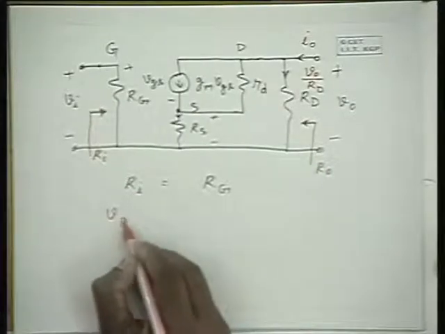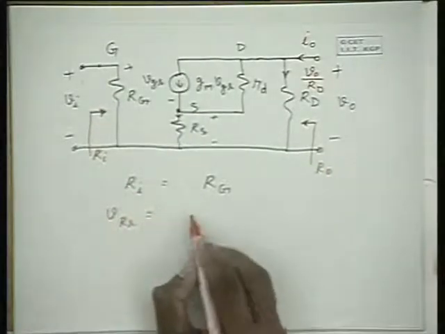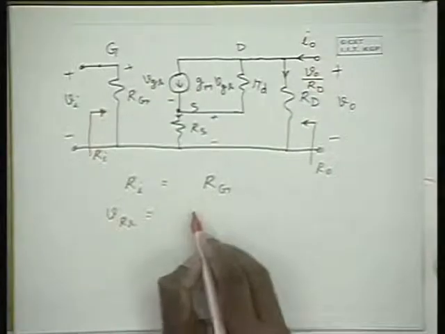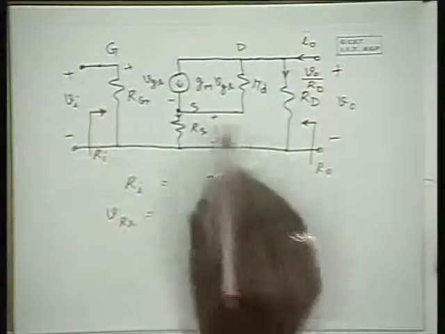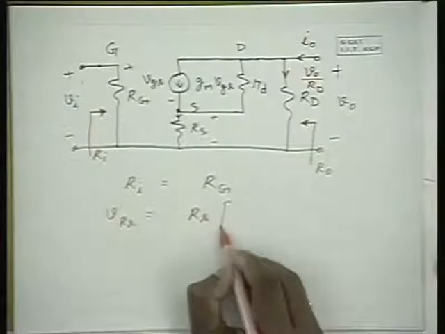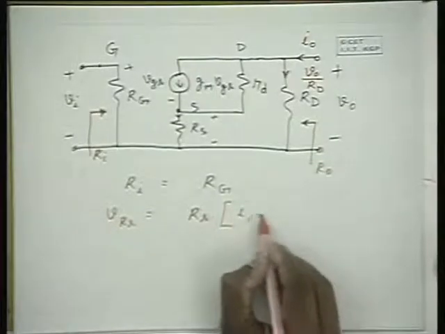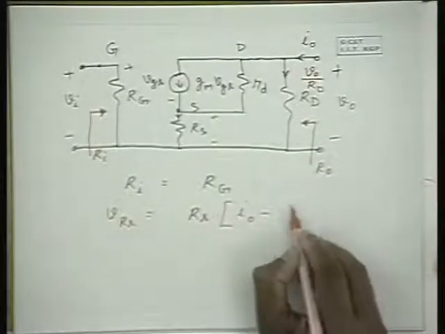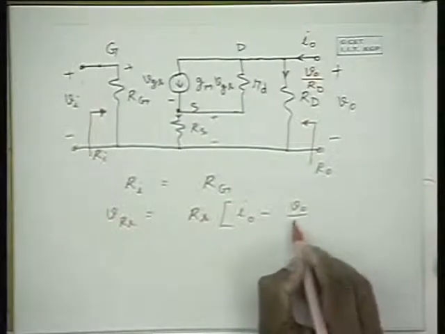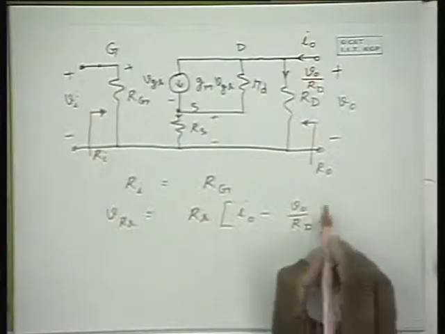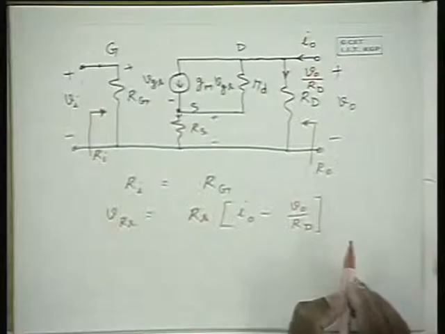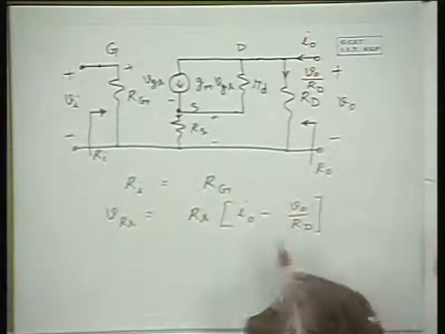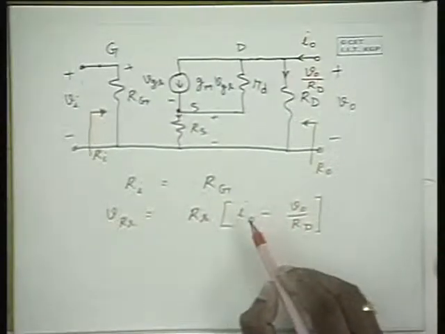The voltage drop across RS is equal to RS into Io minus Vo by RD. Now we have one more unknown here.